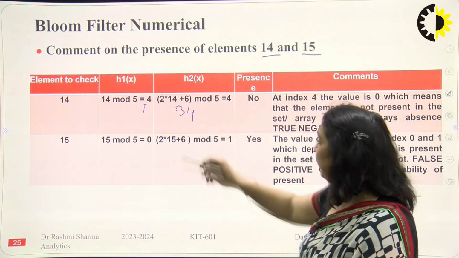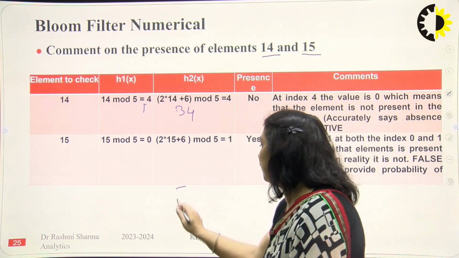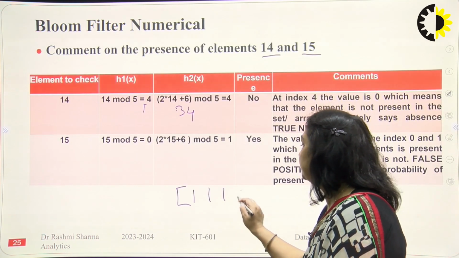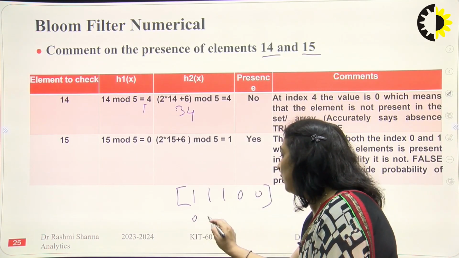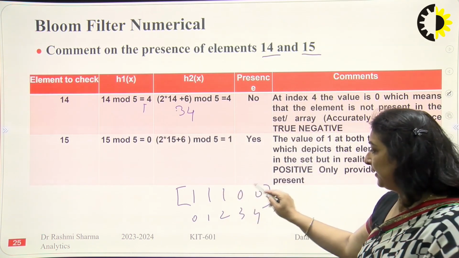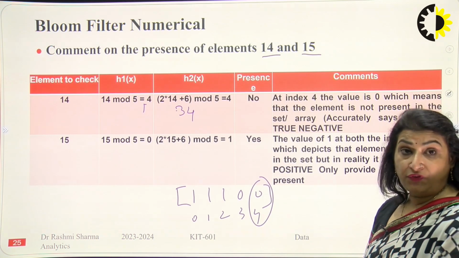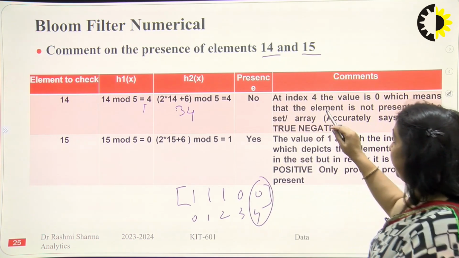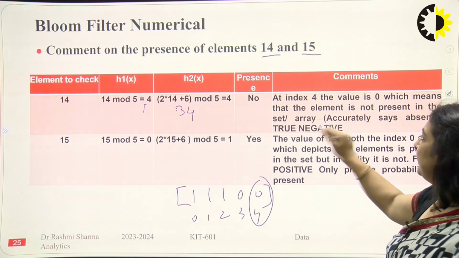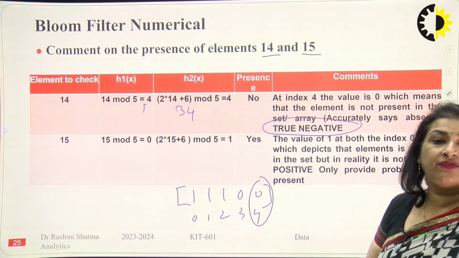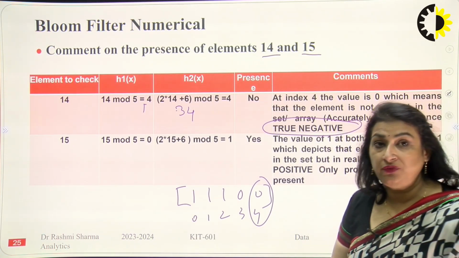See, the fourth bit here in the array 1, 1, 1, 0, 0, indexed 0, 1, 2, 3 and 4, is 0. If the fourth bit is 0, definitely 14 is not present, which means that the element is not present, and so it is a true negative. Definitely 14 won't exist.